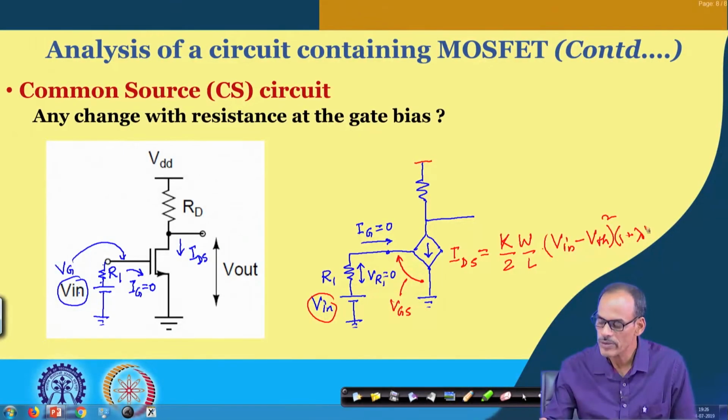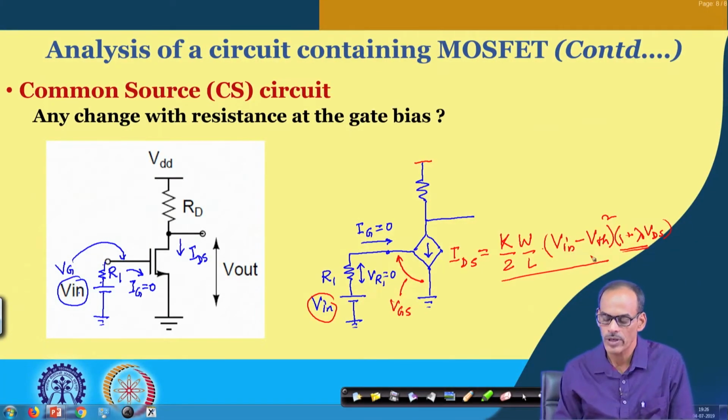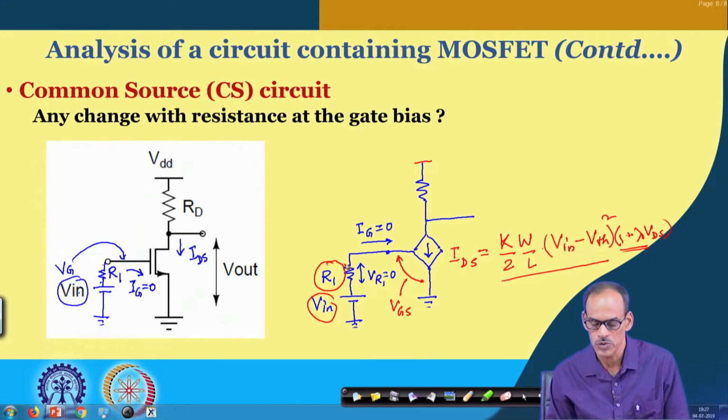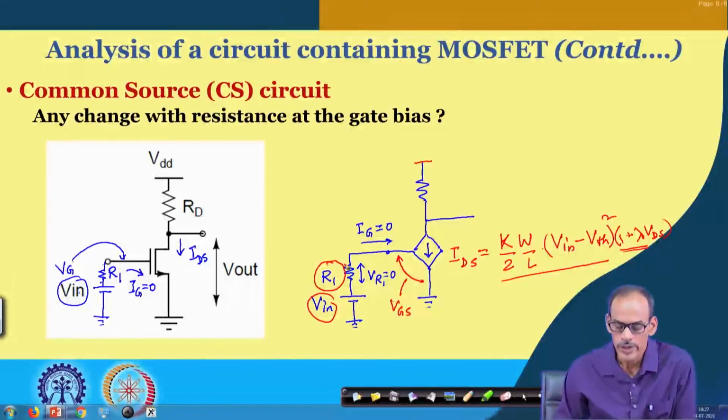But anyway, we have considered this part approximately 1. So the equation is essentially saying that this resistor has no role to play. However, if we are considering a signal you are applying here, the gate to source there will be capacitance.